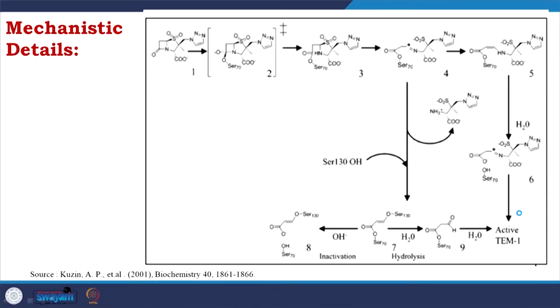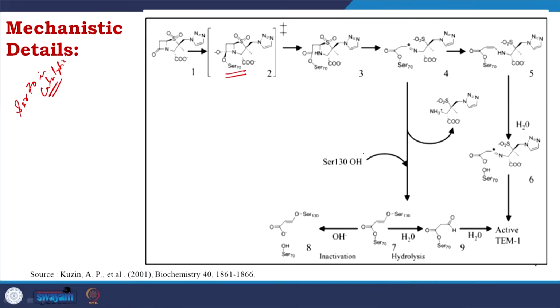So, here is the mechanism, and looking at the mechanism, what you want to look at, I am showing you the serine 70 is involved, but we know that serine 70 is the catalytic residue. So, involvement of serine 70 is understandable, but more interestingly these MBIs involve a second serine, which is serine 130. That is the beauty of how these mechanism based inhibitors work.